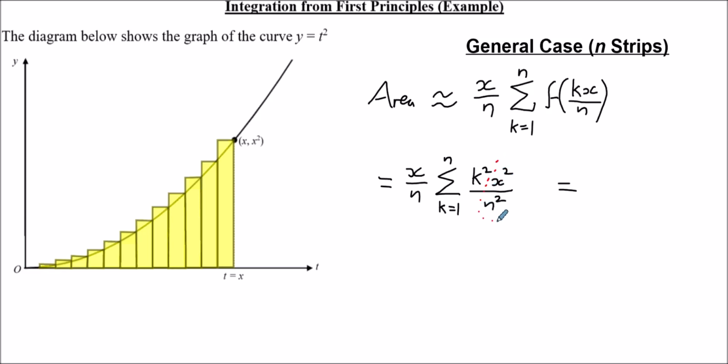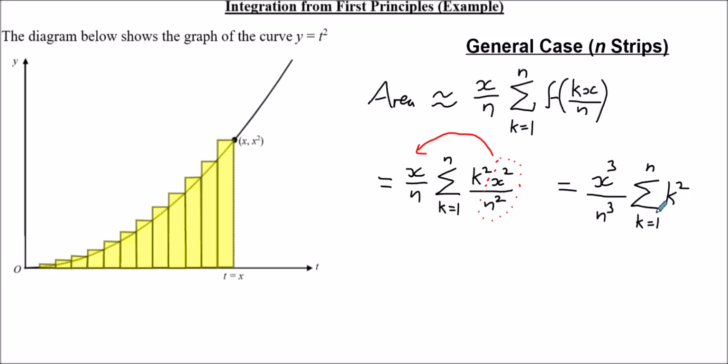We can factorise out this and put it on the outside of the sum. So if we do that, x squared over n squared multiplied by this, well, x times x squared gives us x cubed. Then here we have n cubed, and that's going to be the sum from k being 1 to k being n of just k squared.